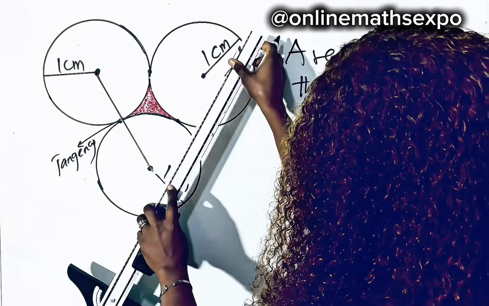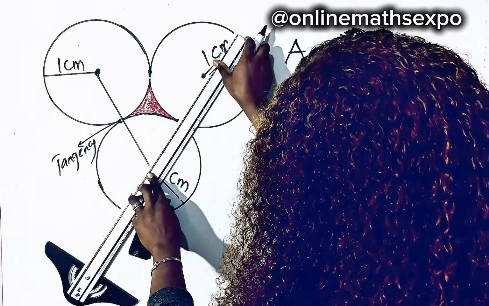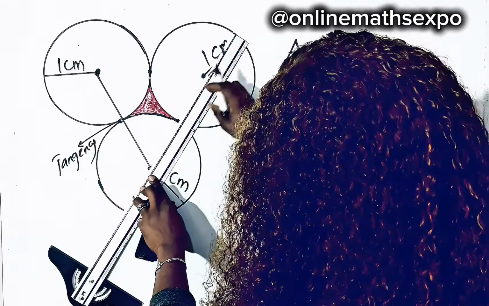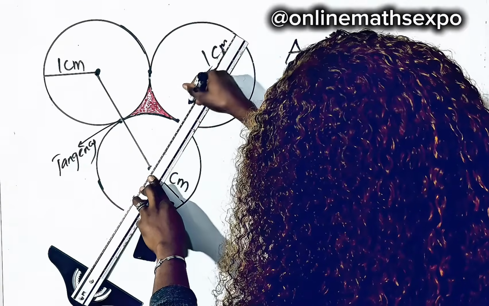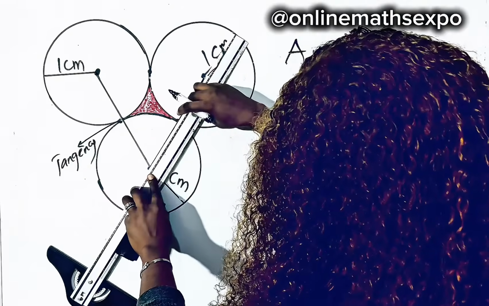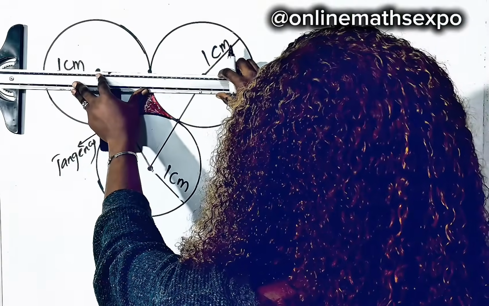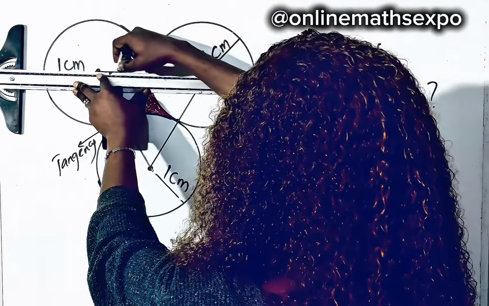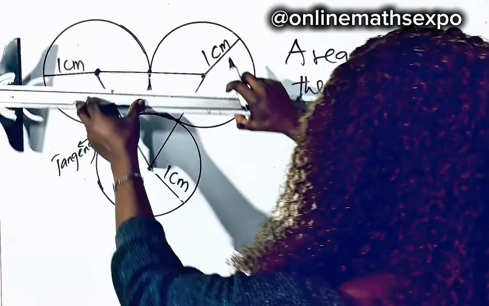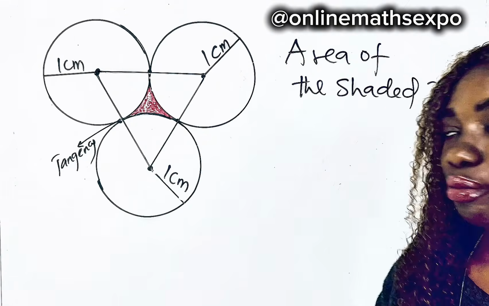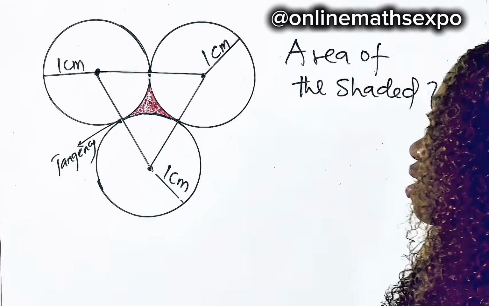Let's join this one. So join it from here. This is what we have. Let's get another. So if you join this one too, we have another straight line. This is obeying your tangency theorem. So what should we do next?